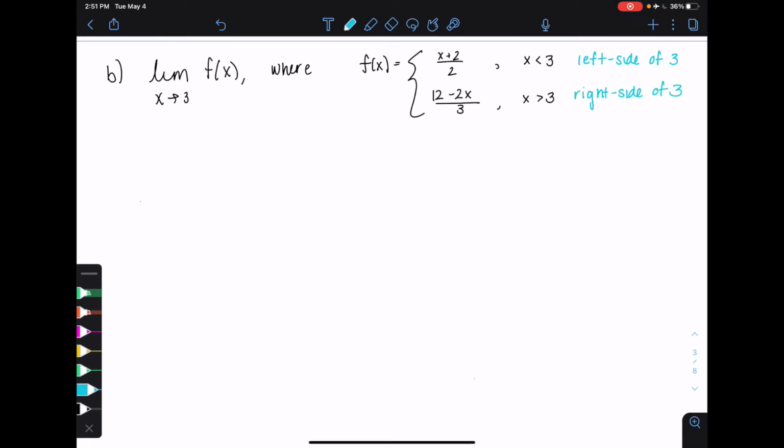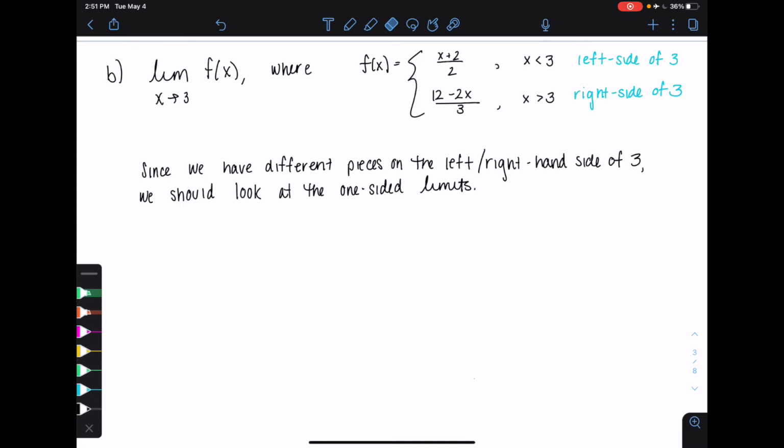Okay. So since we have different pieces on the left and right hand side of 3, we really need to look at one-sided limits. So we're going to figure out what happens on the left, and we're going to figure out what happens on the right. To evaluate this double-sided limit, these better do the same thing.